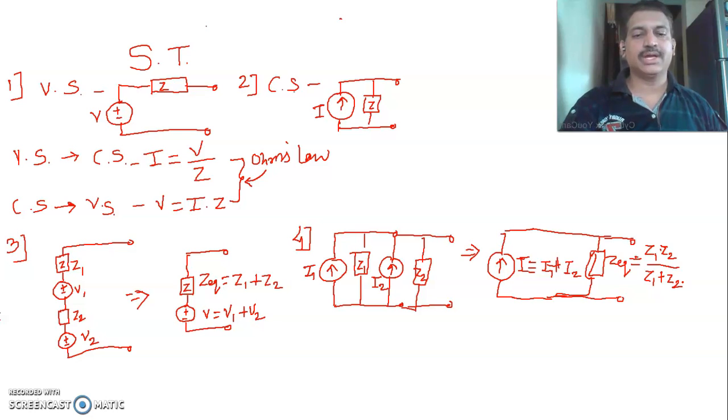So again, when we have a current source I1 with its internal impedance Z1, parallel connected with another current source I2 with its internal impedance Z2, both currents meet at this point and as the direction is same, it gives me I is equal to I1 plus I2.